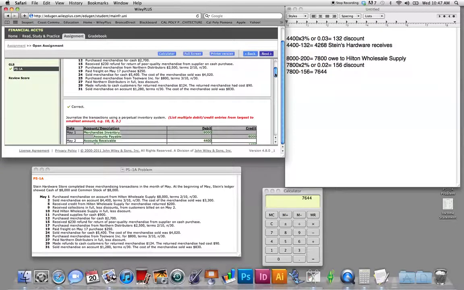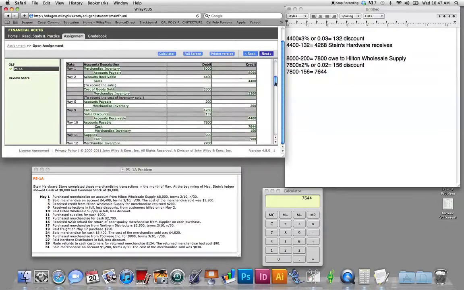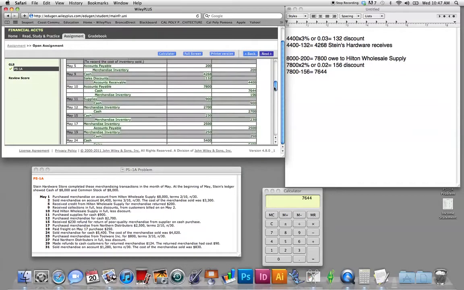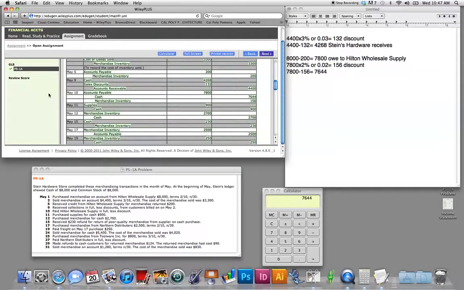Since we're paying that freight out of pocket, our cash account would be crediting or decreasing, and the freight goes into merchandise inventory, and that account would be debiting or increasing. So on May 19th, the entry would look like this. We would be increasing or debiting our merchandise inventory by $250 and decreasing or crediting our account of cash by $250.